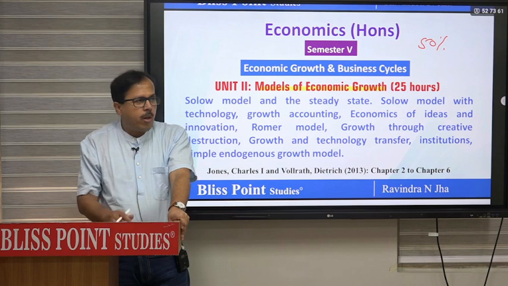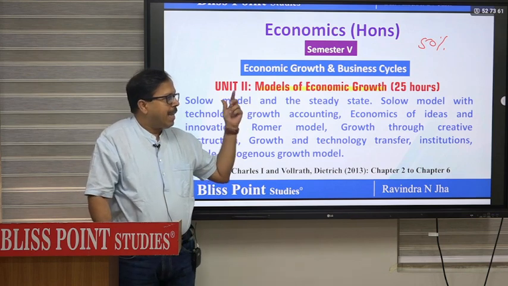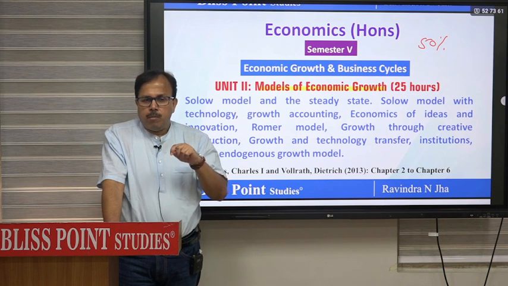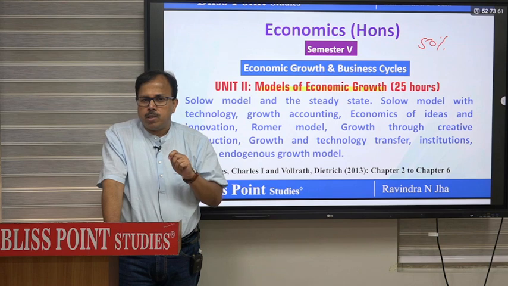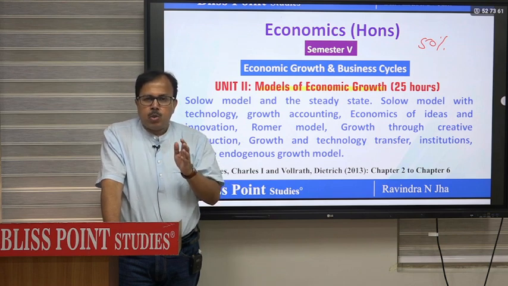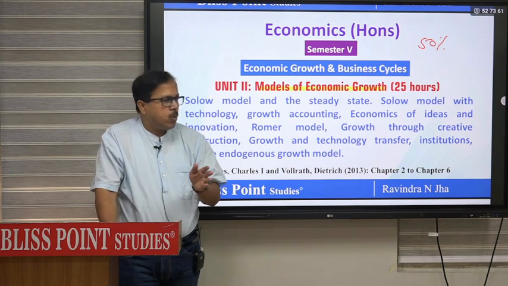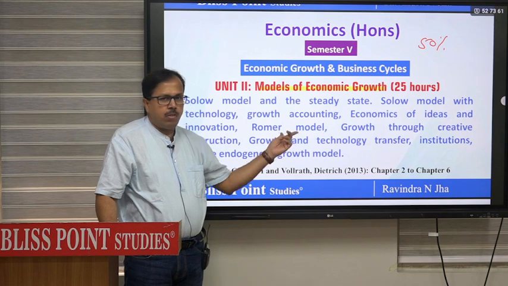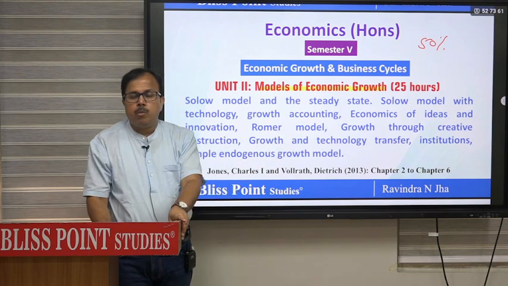Then we move from the Solow model, which is an example of exogenous growth theory. I am emphasizing that part, exogenous. So we will elaborate what is the meaning of the term exogenous, and how the problem of that exogenous growth theory has been overcome in the endogenous growth model, an example of which is the Romer model.